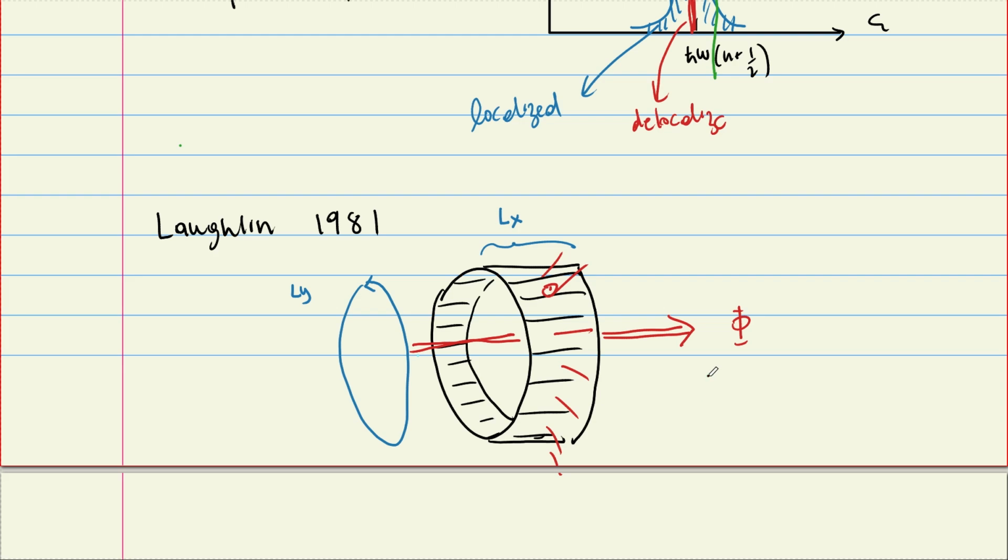If you remember, we had e to the i kx equal to e to the i k x plus L. In this case, there needs to be an additional shift due to this phi, plus or minus depending on the flux, and you can even have e to the i phi. This is like the Aharonov-Bohm effect. That's going to affect how much flux you trap as you go around the ring.